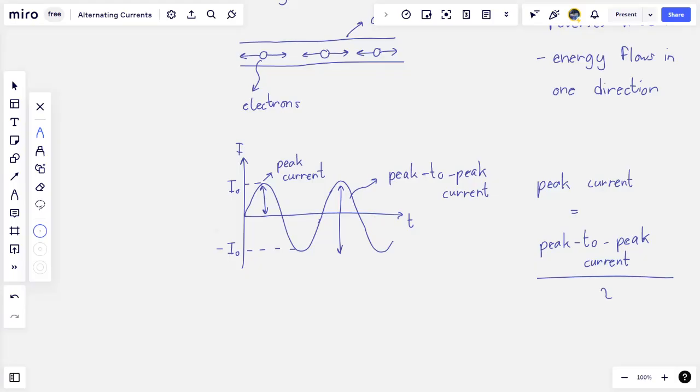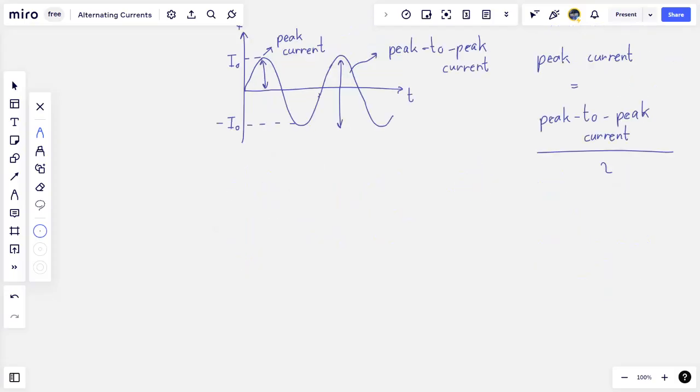So if I wanted to describe this mathematically, just like I did for the topic of oscillations, the general form of an oscillation is x equals x naught sine omega t. So what I need is for my current to be oscillating. Current is represented by the letter I. So I equals I naught sine omega t.